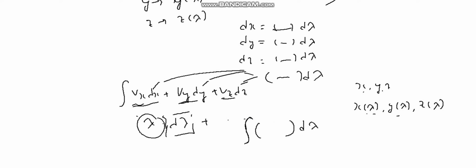And how will we deal with these vectors a and b, position vectors a and b?